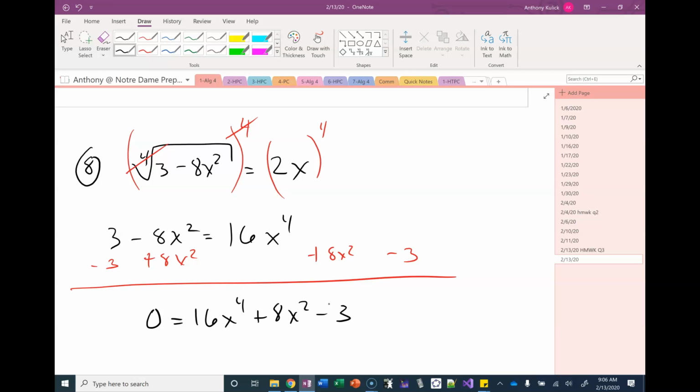Personally, I think it's a little bit easier if the leading coefficient is a positive number for my polynomial than if the leading coefficient is a negative. It's usually a little easier to do the factoring in that case, but there's nothing wrong with doing it in that direction.